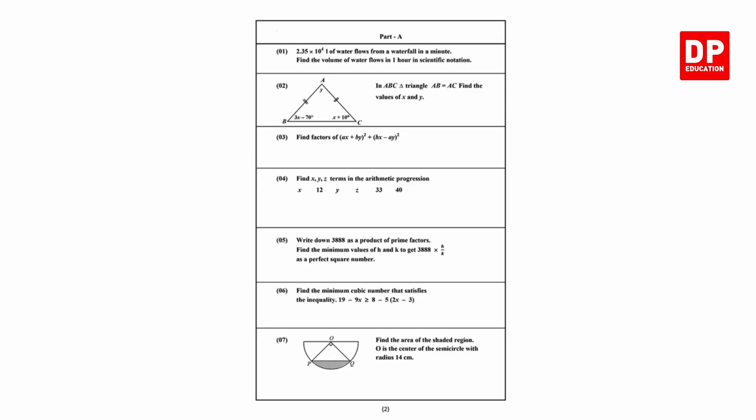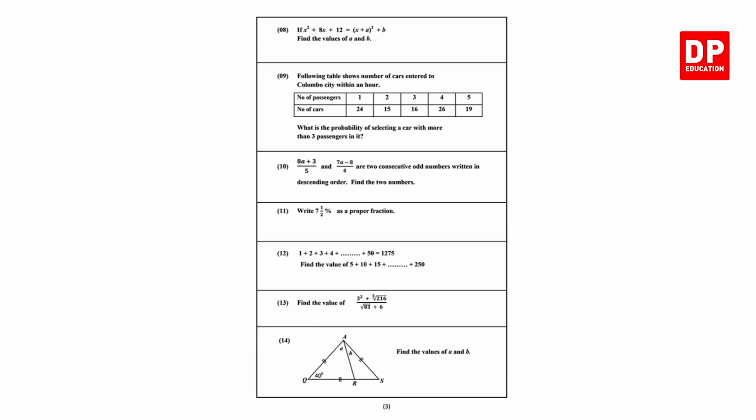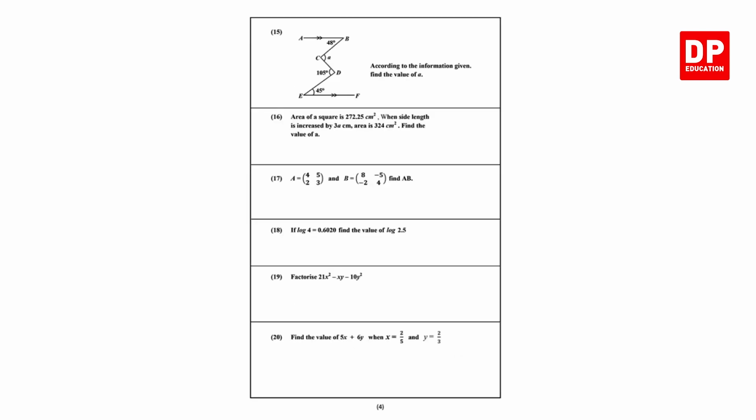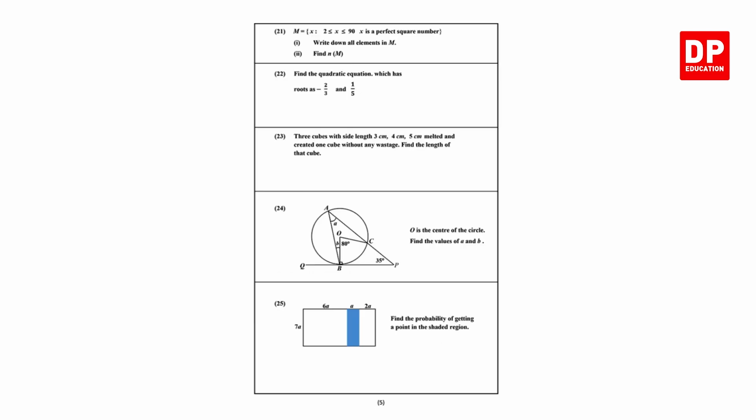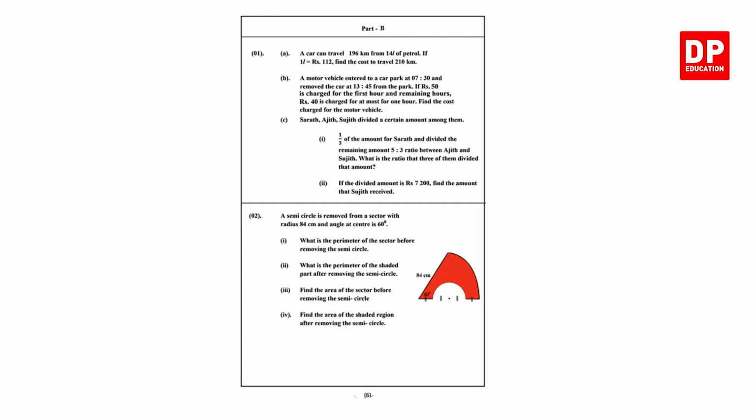So in the first page, you get part A, 1 to 7. Second page, questions 8 to 14. Then you get questions 15 to 20. And the last one, 21 to 25. And then you get part B, long questions, question number 1 and 2.